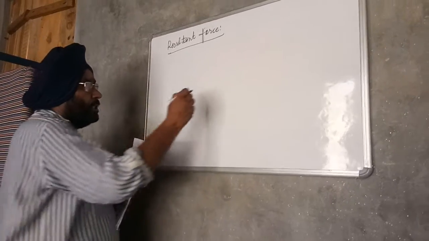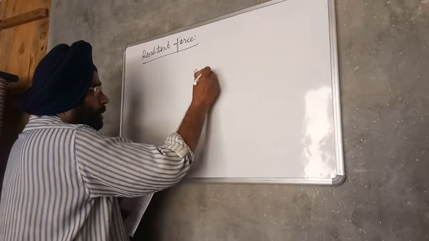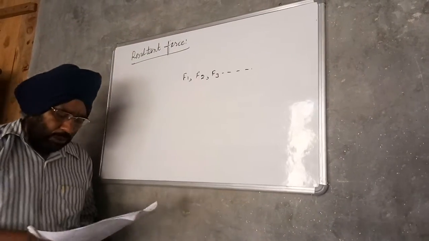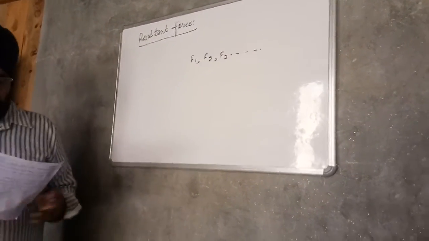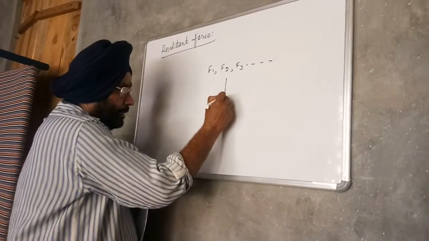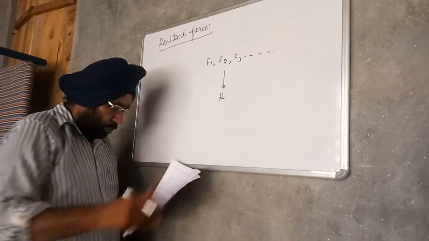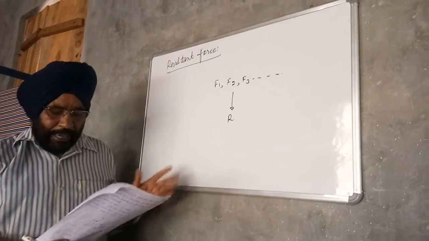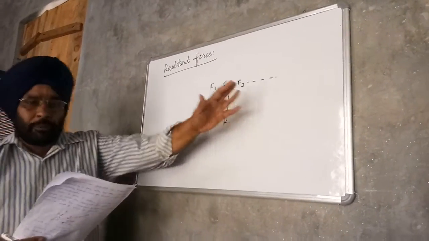Suppose a number of forces F1, F2, F3, etc. are acting on a body. They are replaced by a single force R, which produces the same effect on the body as produced by the given forces.